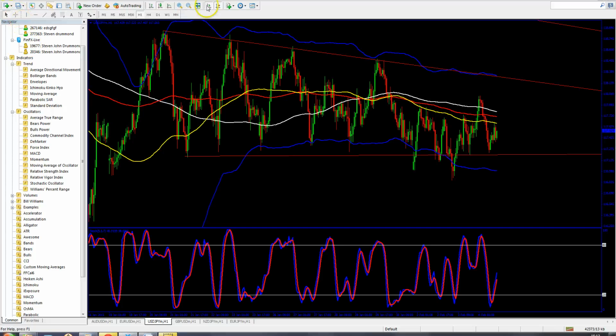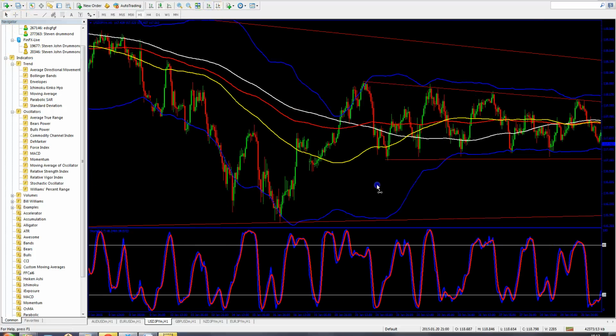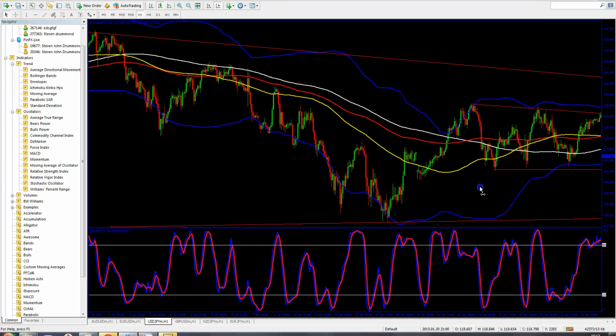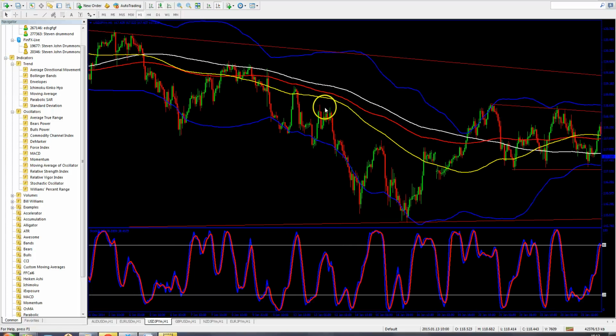So when I'm placing a trade, let's just say in this area here, we were looking to go short. Forget about, okay, we'll do this one here because the stochastic is overbought and we're at the moving averages.